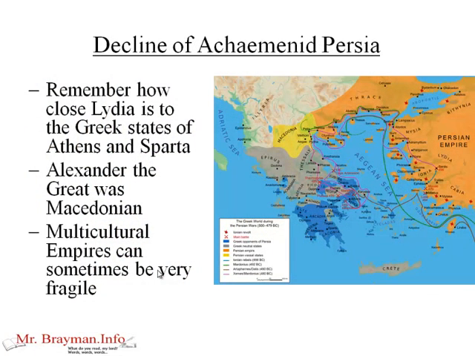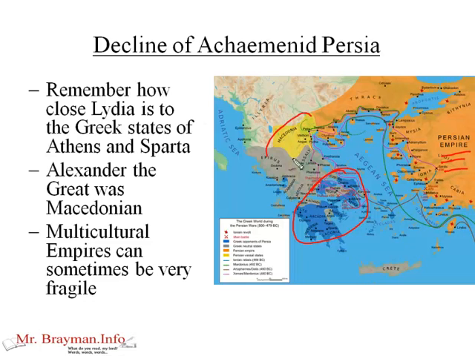Now, like all empires, the Achaemenids declined. You want to remember how close Lydia is to the Greek states of Athens and Sparta. If I'm looking carefully, Athens and Sparta are right here on the peninsula, and here's the edge of the Persian Empire. In our next lesson, we're going to study Alexander the Great.